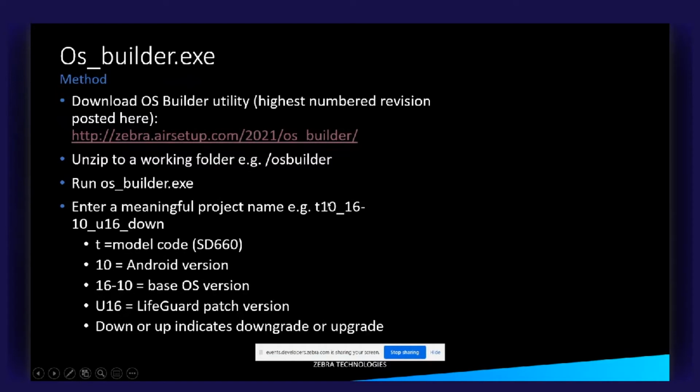I'm going to use the 10 as the Android base OS version, Android 10. 1610 is the actual Zebra build number, and then a U number followed by a number is the lifeguard patch version, and then I use either down or up to indicate whether it's a downgrade or an upgrade. So I think that makes sense to me. You can use whatever convention you want as long as it's meaningful to you.